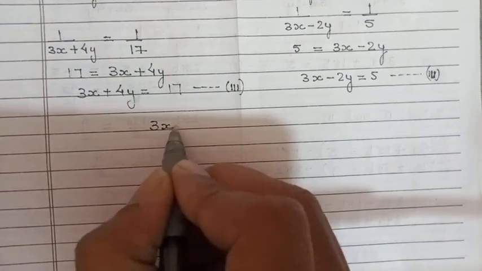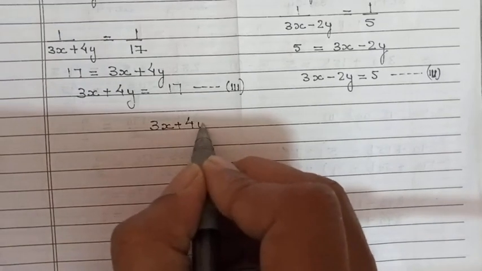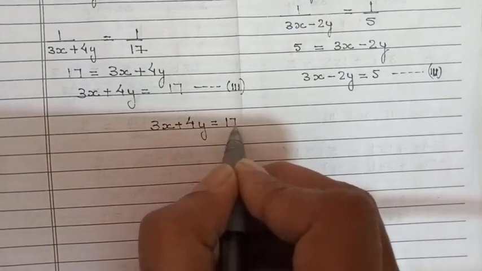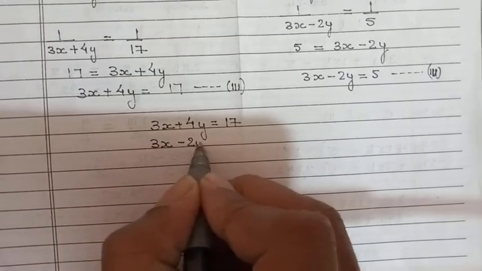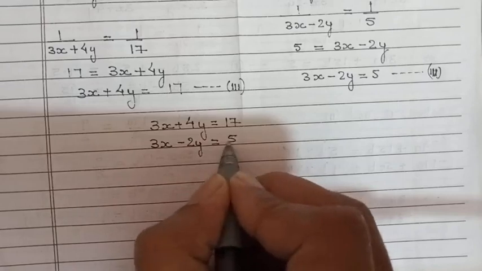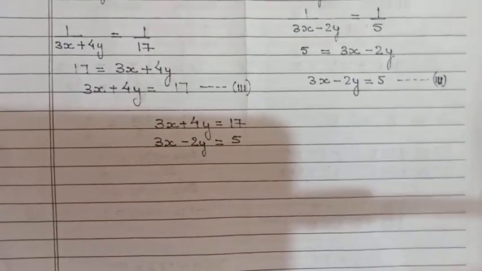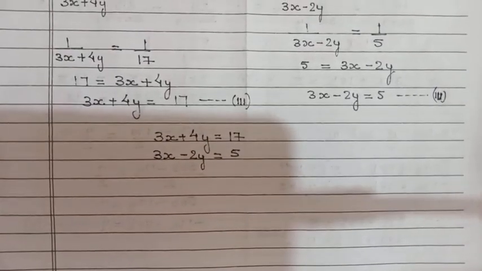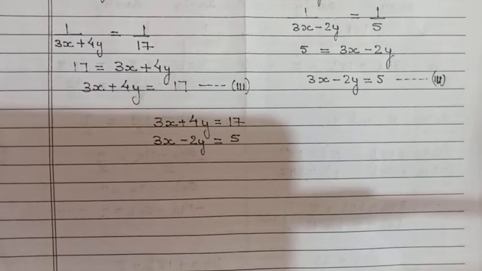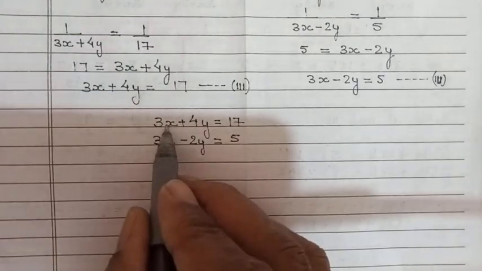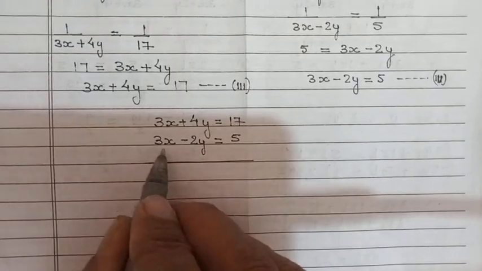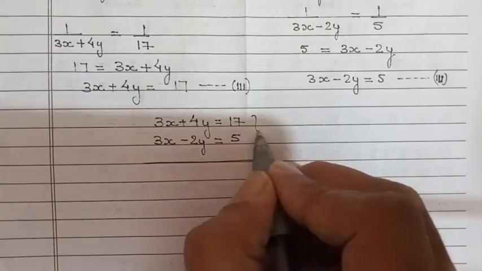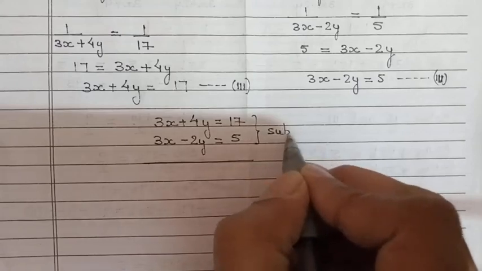The third one is 3x plus 4y is equal to 17, and the fourth one is 3x minus 2y is equal to 5. Now in these two equations you can see the variables x and y. The variable x has the same coefficient, just with the same sign, so what you will do here is subtraction.